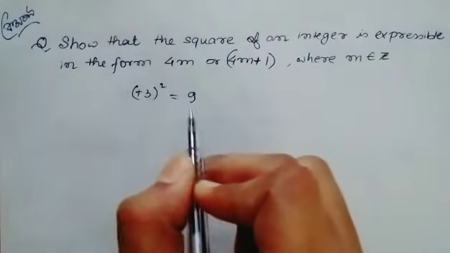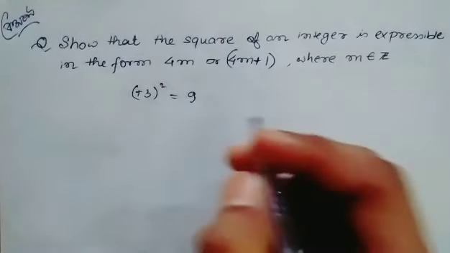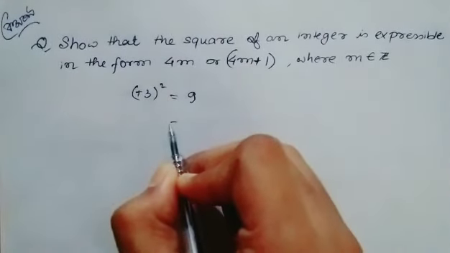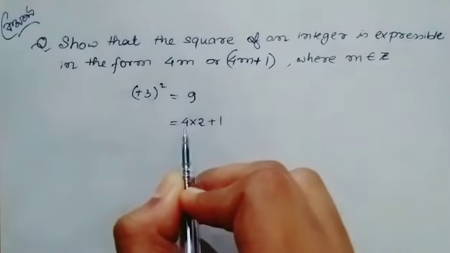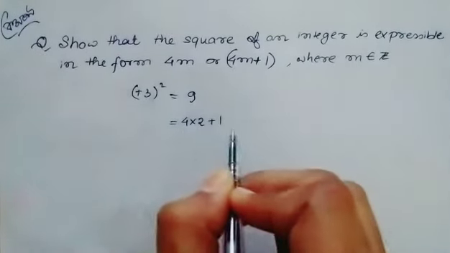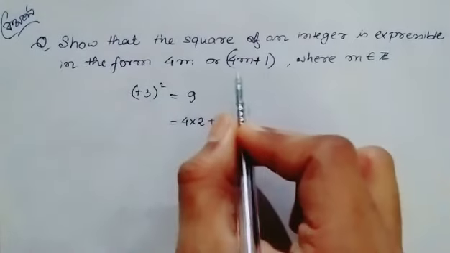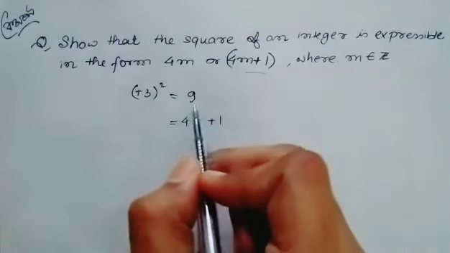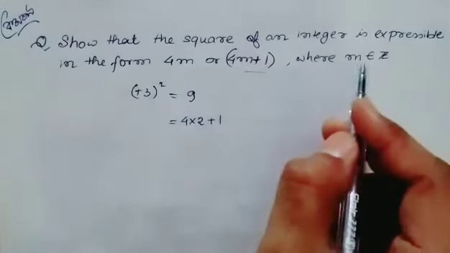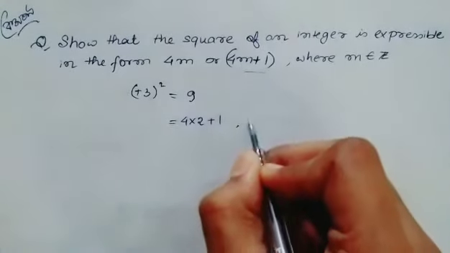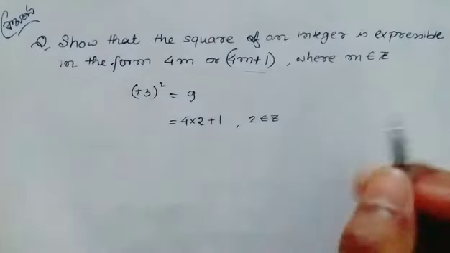So you can express 9 as 4 into 2 plus 1, that is 4 into 2, it's 8, plus 1. Yes, we have expressed it in this form, where 2 is an integer.